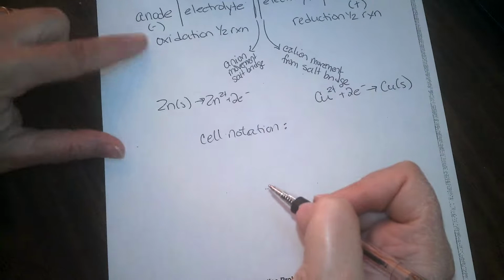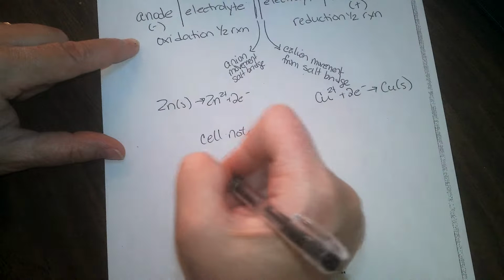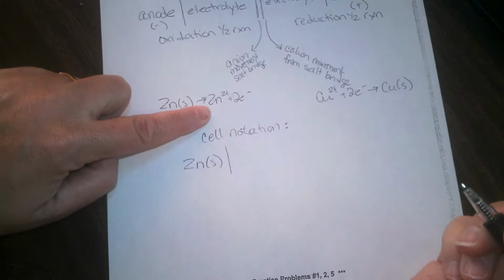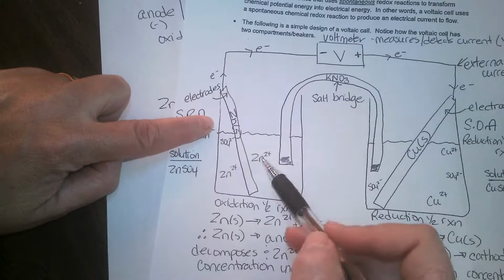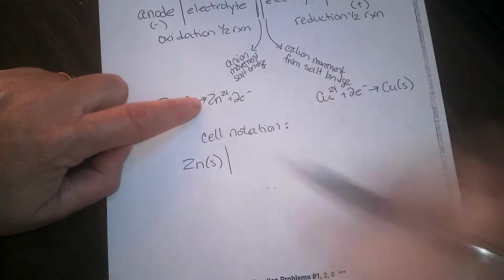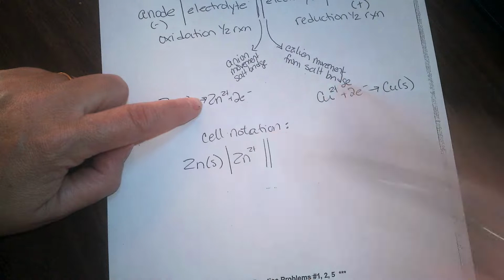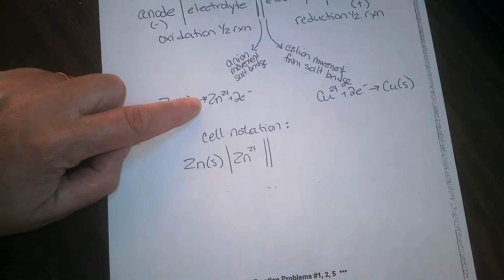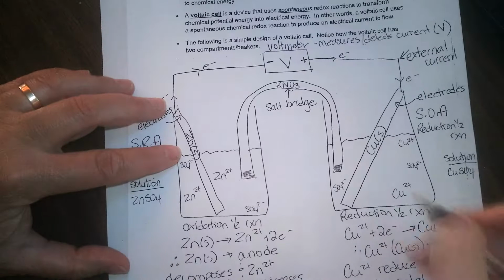The anode is going to be the metal. So we're going to write zinc solid. The electrolyte, the ions floating around in the solution, is going to be zinc 2 plus. There's a salt bridge, whether it's an actual salt bridge or a porous cup, there's still movement of ions. And then on the other side over here, we have copper ions in the solution.